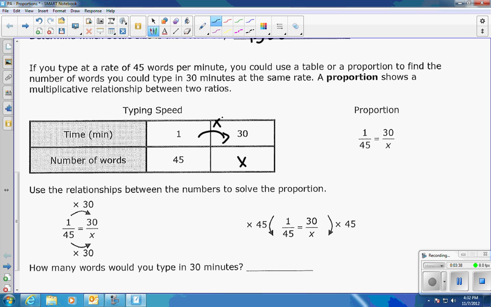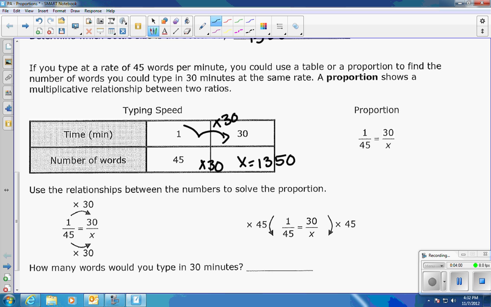Well, this is times 30. Because every minute we type 45, so after 2 minutes it should be 90, and after 3 minutes it should be 45 higher. So 45 times 30 gives me 1350. And that's what's shown over here.